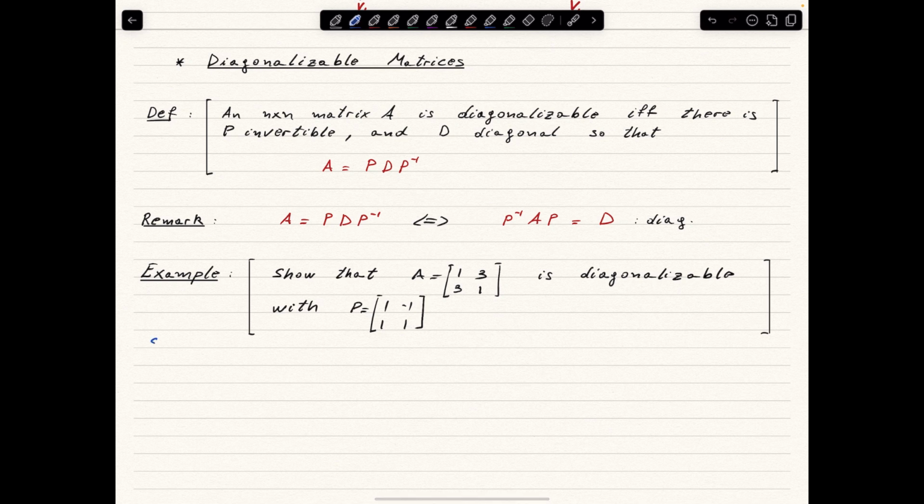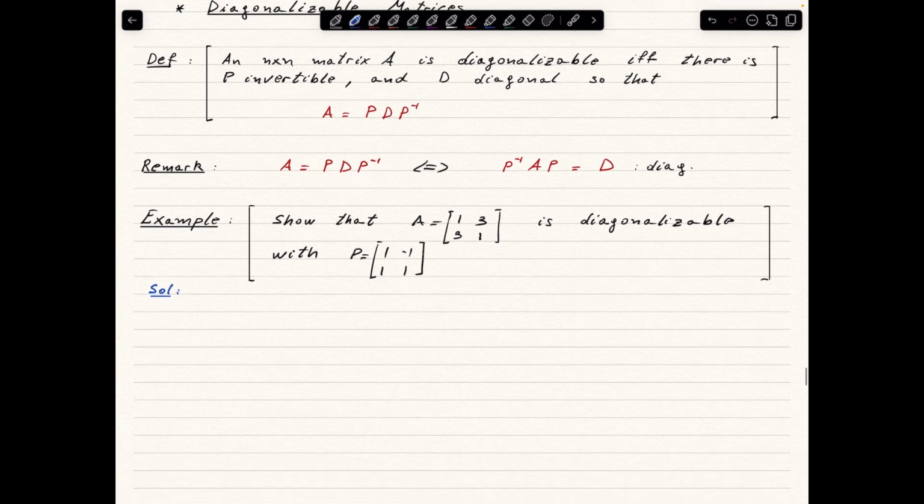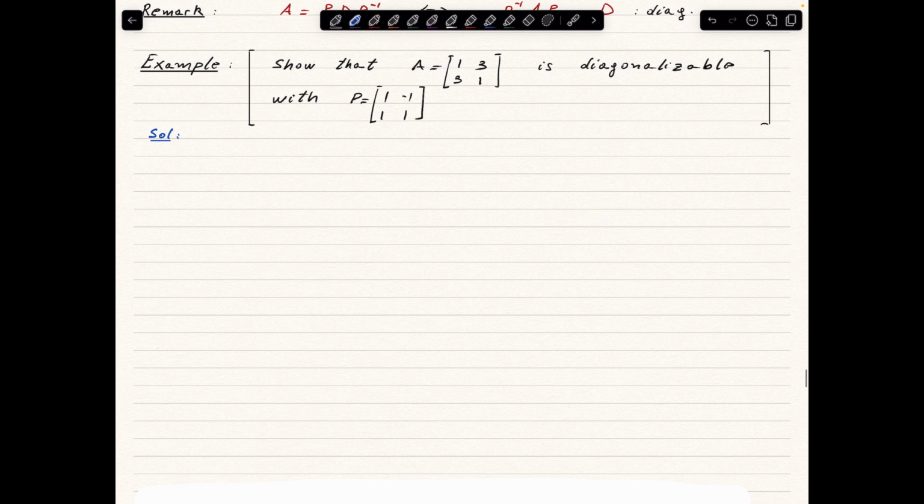So solution, let's verify that that matrix is diagonalizable. The first thing we need to do is compute P inverse. What is P inverse? Well, it's 1 over the determinant of matrix P. The determinant is the product of these two components, 1 minus negative 1, so it is 1 plus 1.